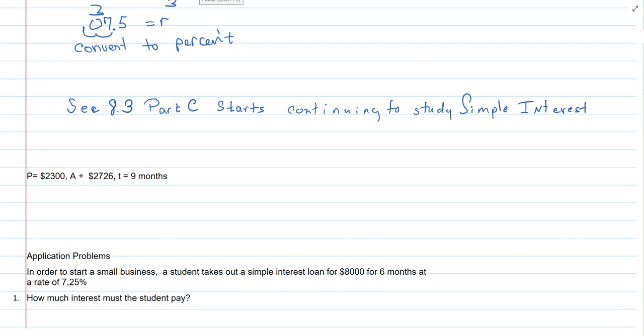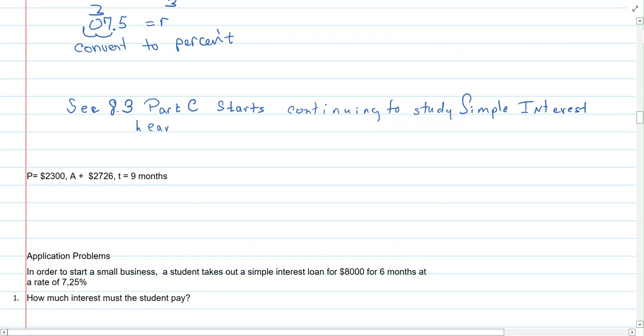Now we're ready to complete our lesson on section 8.3, which is a study of simple interest. We've learned a few formulas to this point.